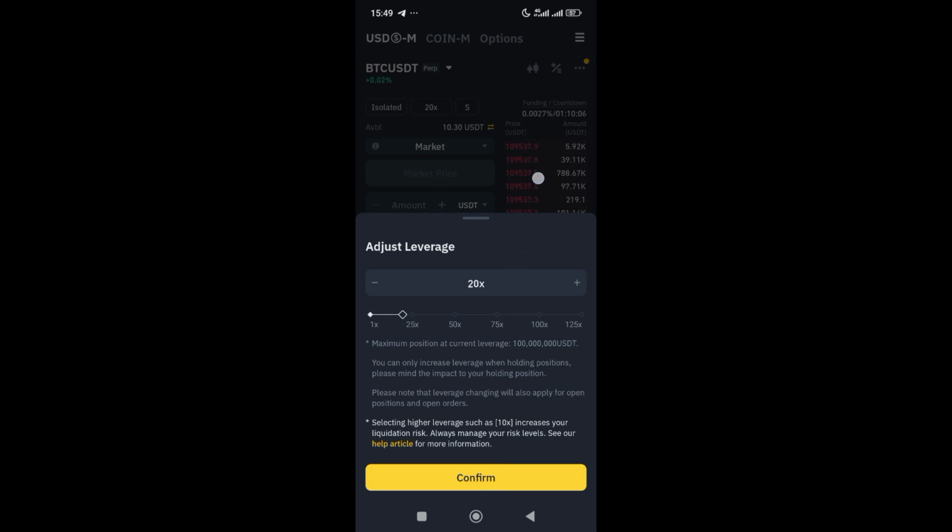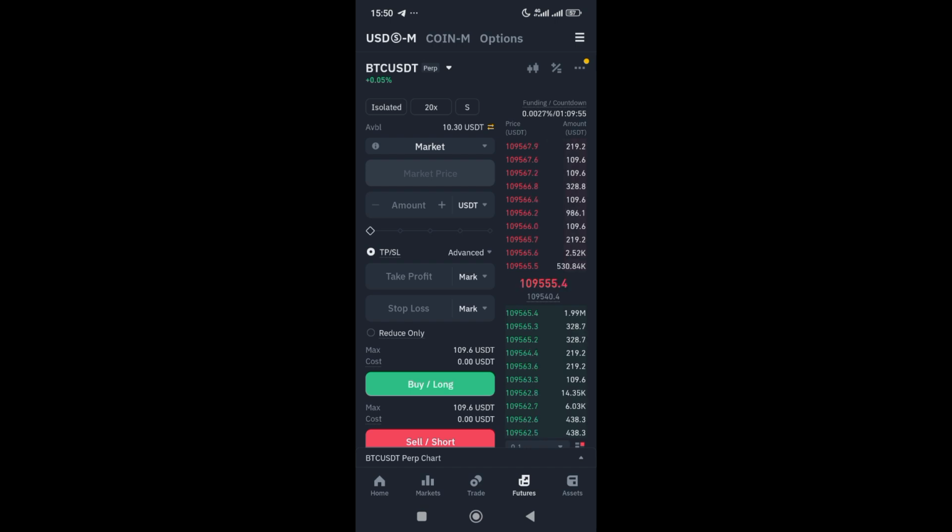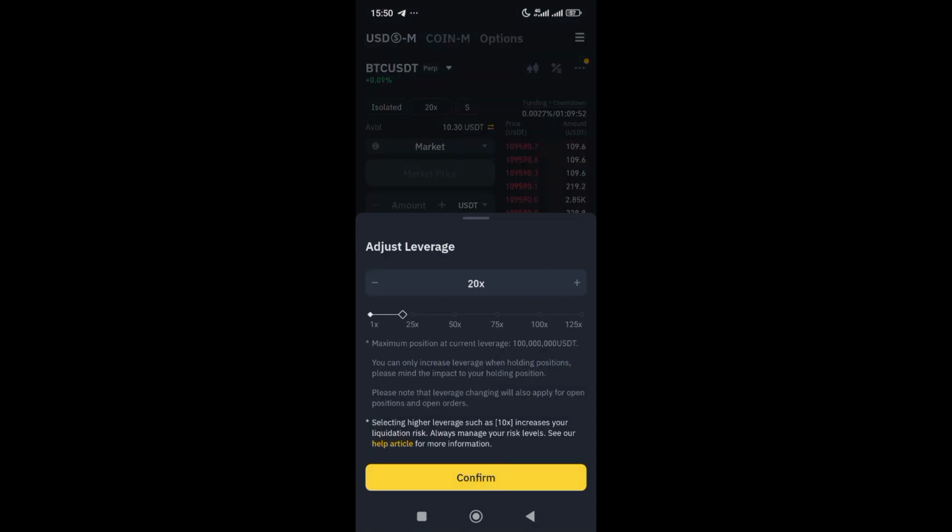The lower the leverage, the lower the chance of you losing much money on that trade. If you use 20x, the profit you make will be times 20. And if I use times 1, the profit I will make will also be times 1.